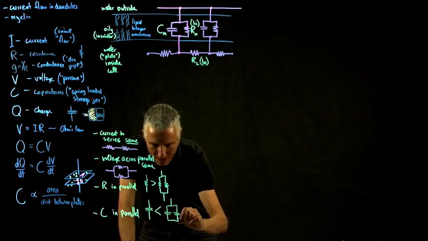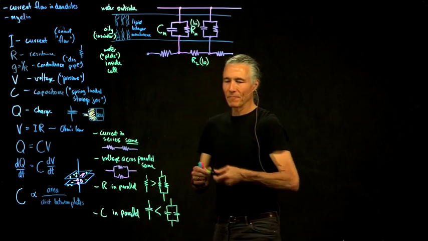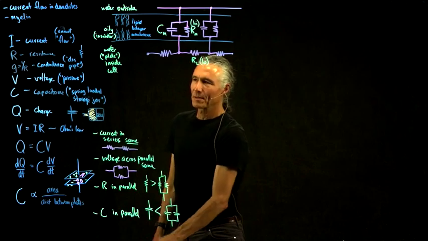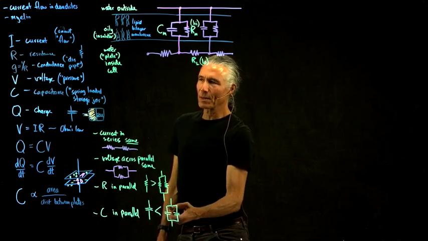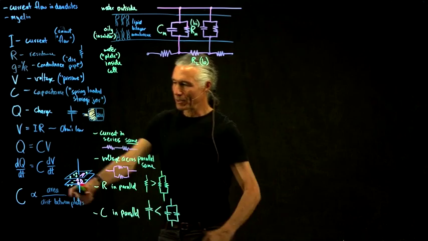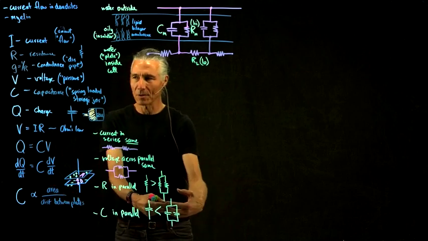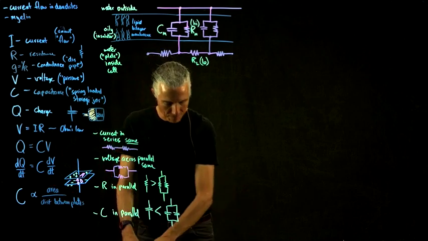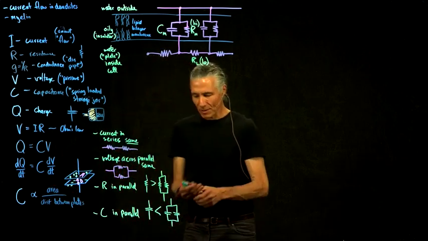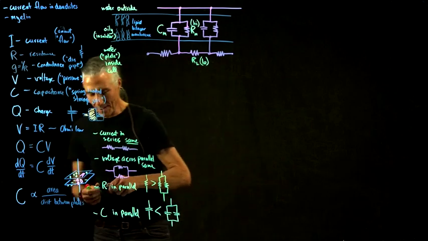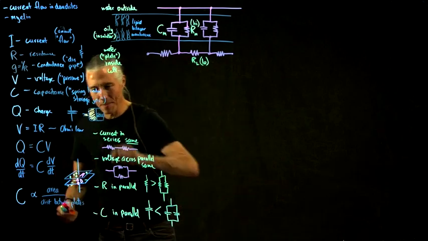And that makes sense intuitively also, because if they're the same size, you now got twice the amount of plates. So you just increase the area. It's just like you could sort of glom it into one bigger capacitor. Okay, so those are our basic rules to keep in mind.